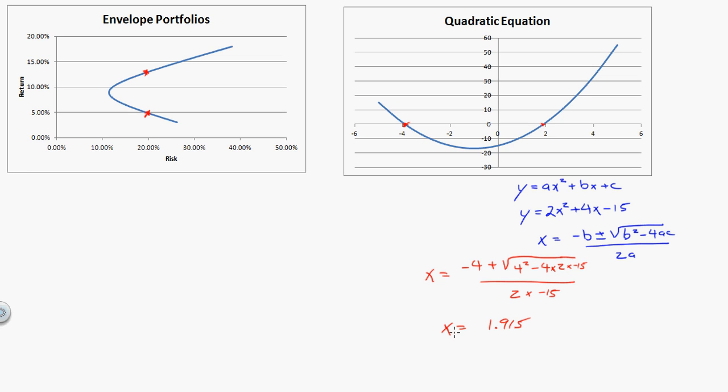So call this x1. x2 for the other point is going to be negative 4 minus the square root of 4 squared minus 4 times, and this 4 is not related to b, 4 times 2, which is a, times minus 15, which is c, over 2 times negative 15, and that's going to be equal to minus 3.915, which is that point right there.